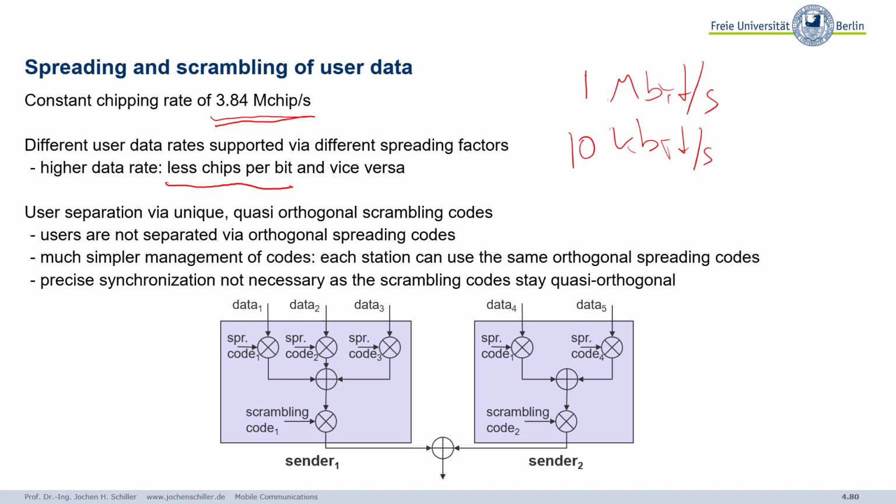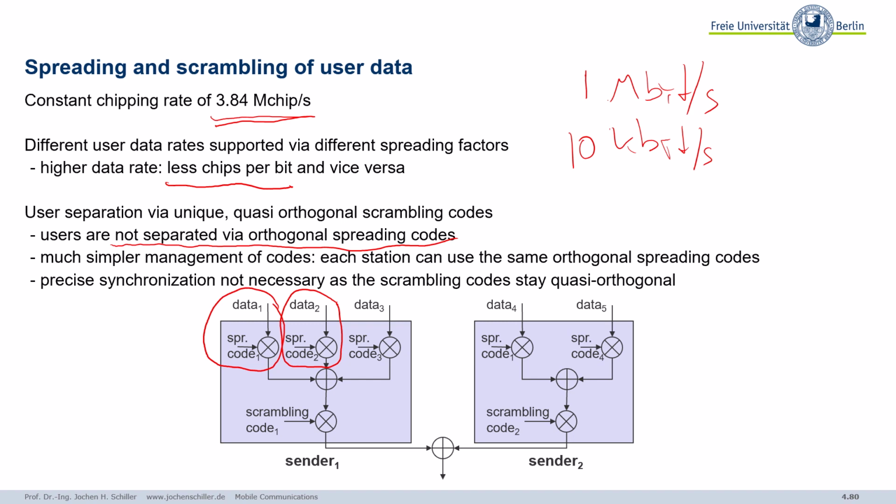So now, how do we apply the code multiplexing? There are different ways. First of all, the users are not separated via orthogonal spreading codes. So spreading here is not used to separate the users, but spreading is used to separate different data streams inside a sender. You have a data stream 1, you apply a certain spreading code. Data stream 2, yet another spreading code, and those spreading codes have to be orthogonal.